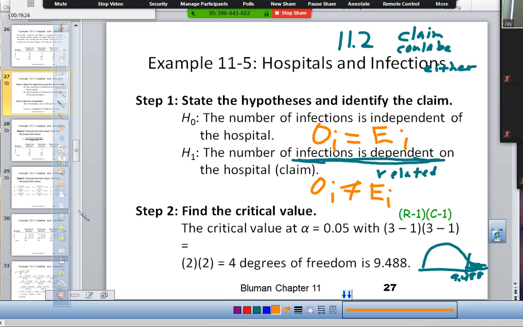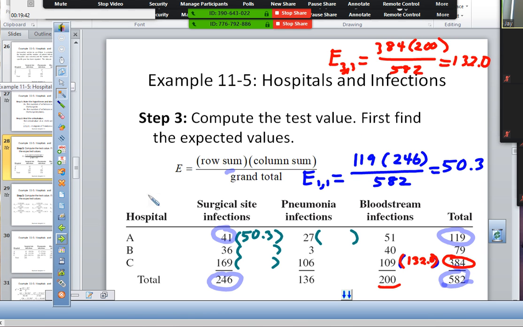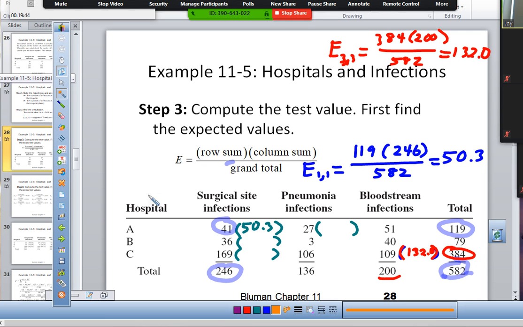Okay, moving on. This is our example at the very top of the next page that you guys are filling out. Steps 1, step 2. And we're going to move on to step 3. So you have to find your expected values. Maybe I'll do this one with you guys.